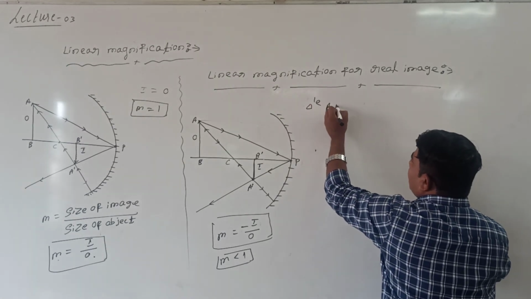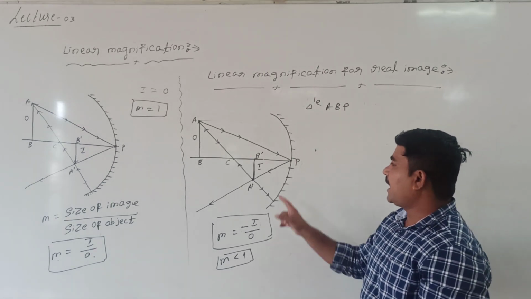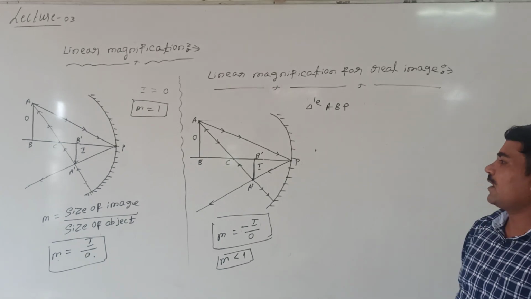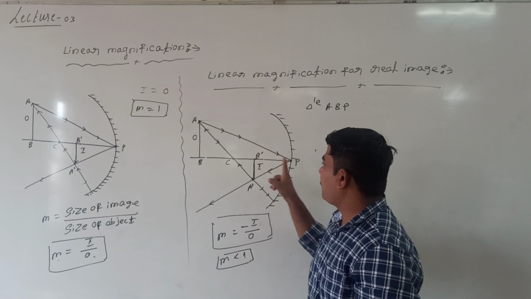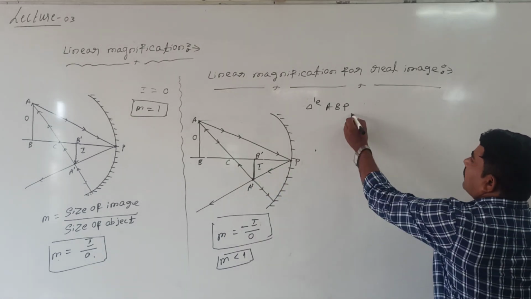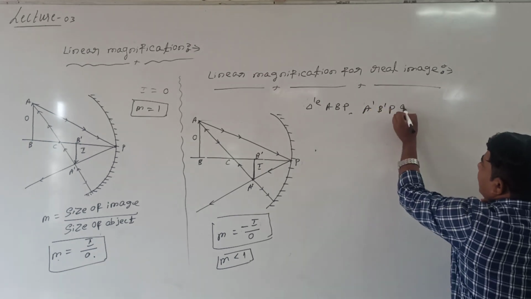Triangle ABP looks like one triangle. One more triangle, A dash B dash P, looks like another triangle. ABP and A dash B dash P are similar triangles.